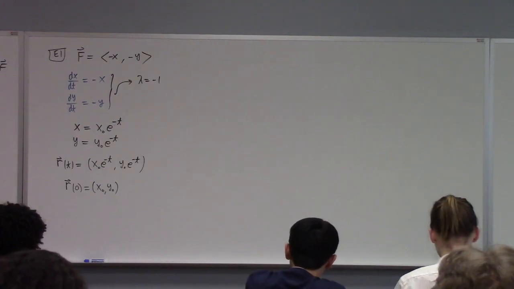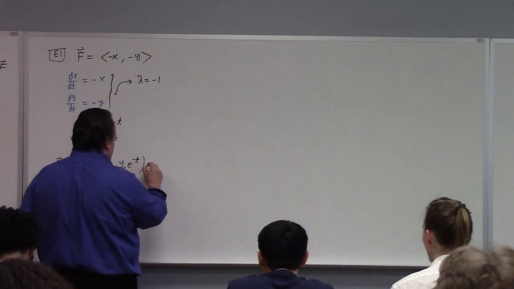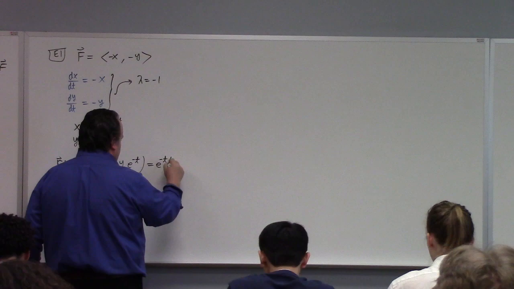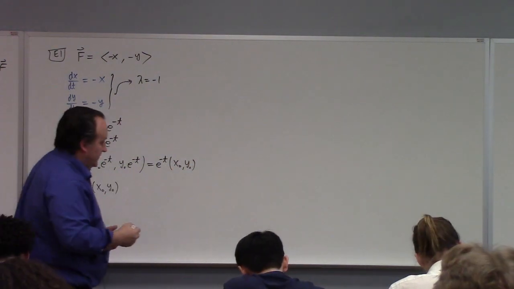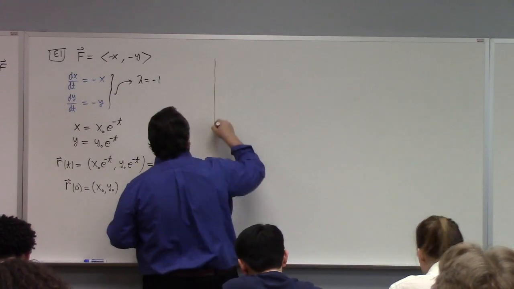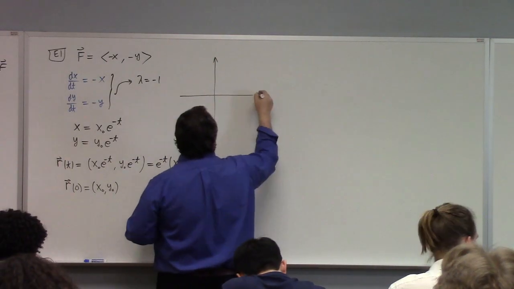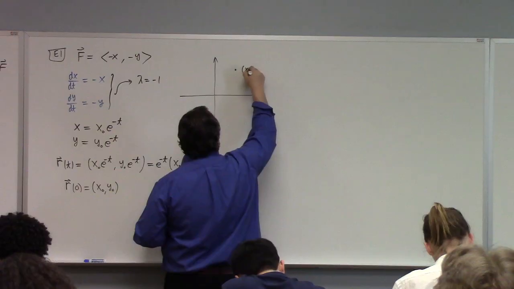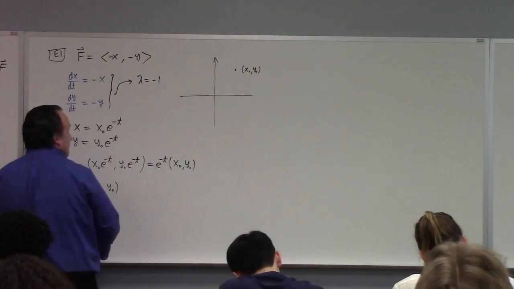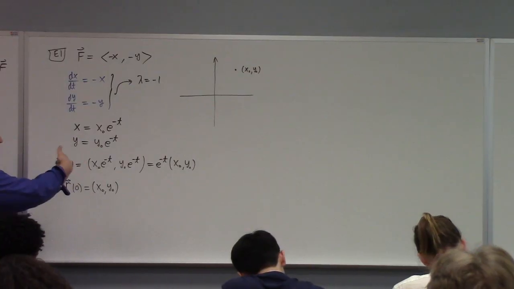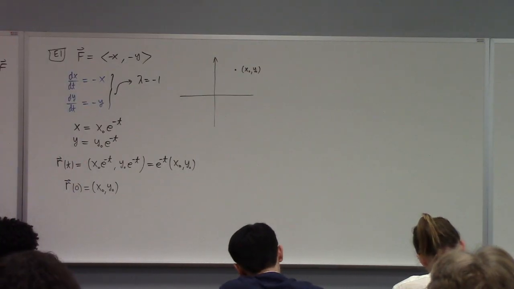What is this? Can you recognize what we're looking at here? This is e to the minus t times (x naught, y naught). Now I can't always draw the picture, but this one I can draw. If this point is (x naught, y naught), what's going on? What happens as time goes to infinity here?